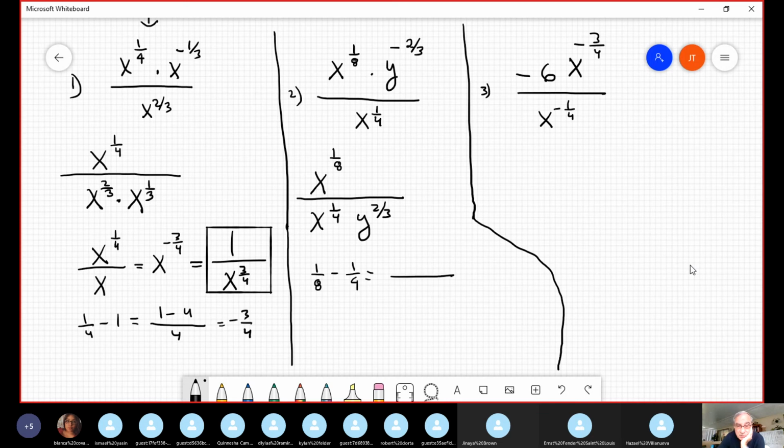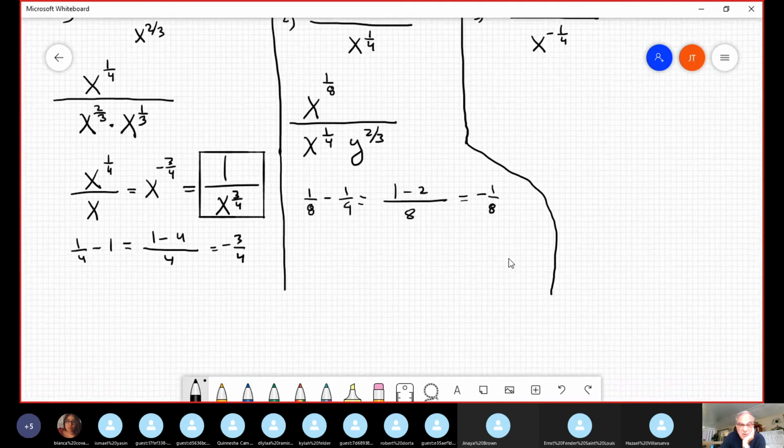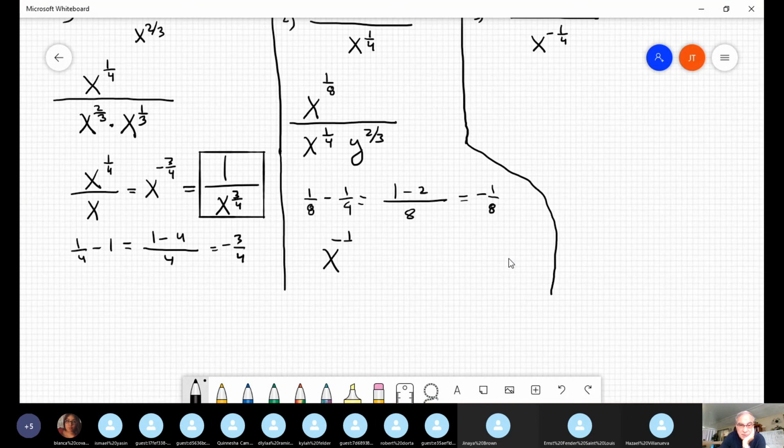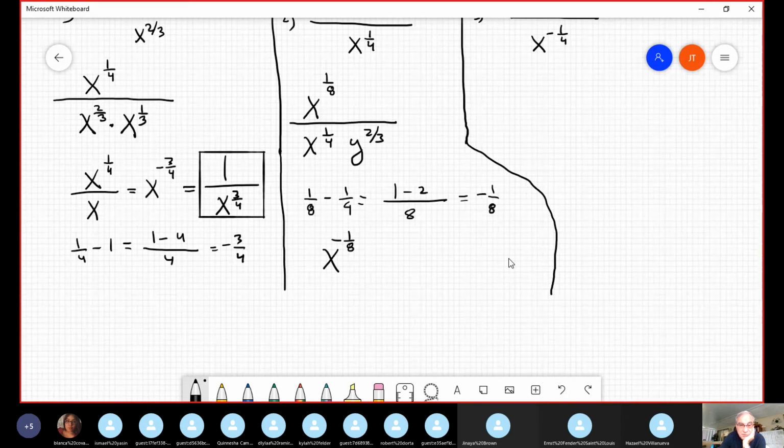Es obvio that the least common denominator is 8, 1 minus 2, no? Is negative 1/8. And so far, when you combine, we have x to the negative 1/8, que was the result of this and this together, over y to the 2/3.